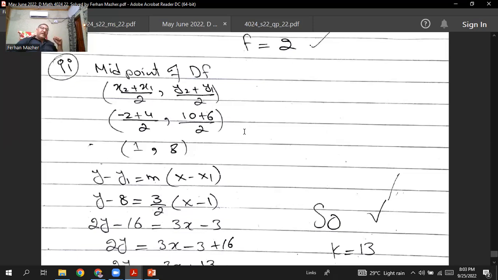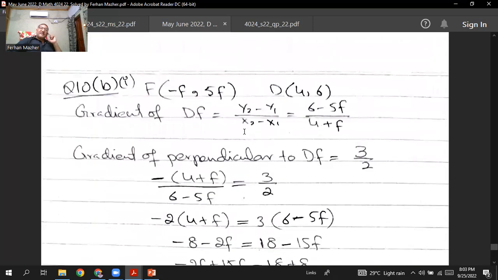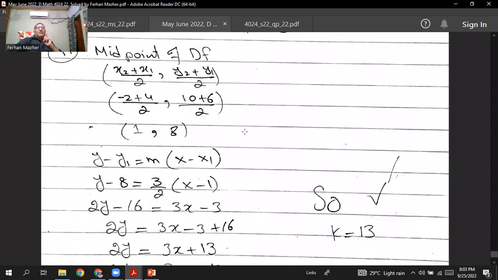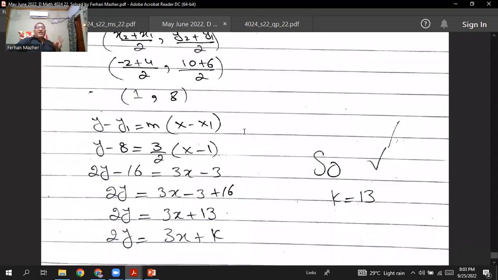The gradient of the perpendicular bisector is 3/2. So I will use the midpoint and the gradient of the perpendicular bisector. The formula to find the equation is y minus y1 equals m(x minus x1). So I will use this point in the place of y1 and x1, and the gradient is 3/2.